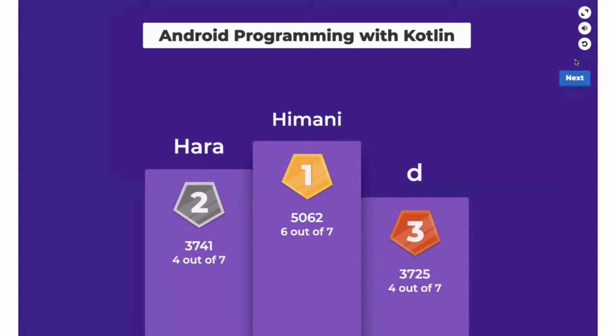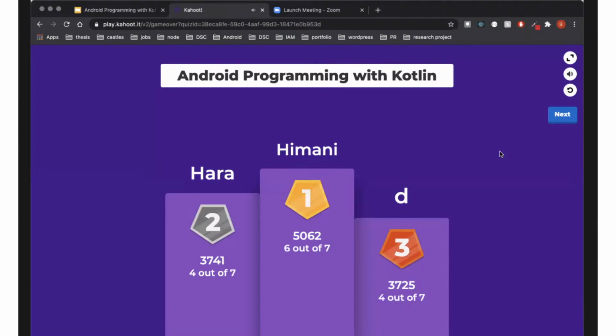Most of them were all the guesses. Congratulations, Imani. Congratulations, Hara. Congratulations, Daniel. Thank you. Congratulations to all three of you. And guys, we have your email, Hara, Imani, and Daniel.